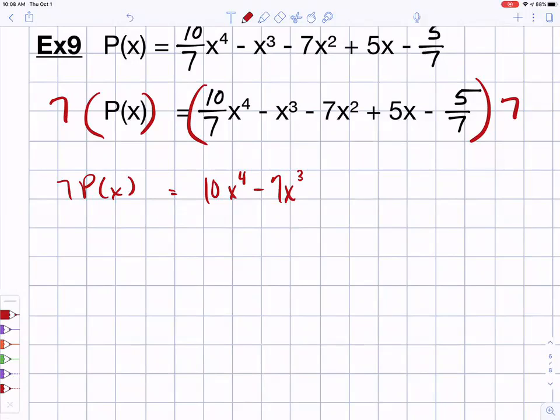Minus 49x squared, and then somebody else for the fourth term. And then one more person for the last term. No, -5. Close. That wasn't that bad. And look, now it's pretty. All right? Now I don't have to worry about all those fractions.